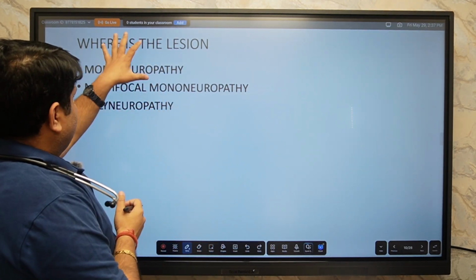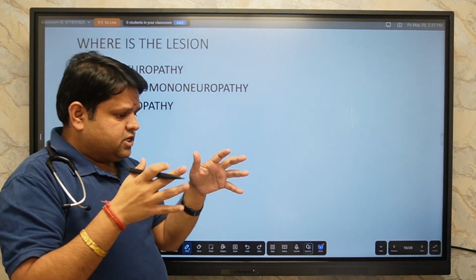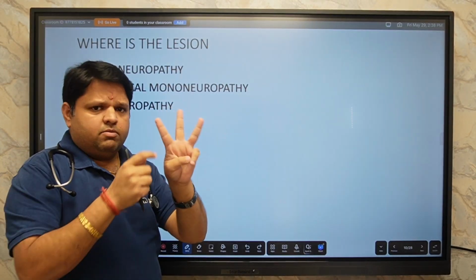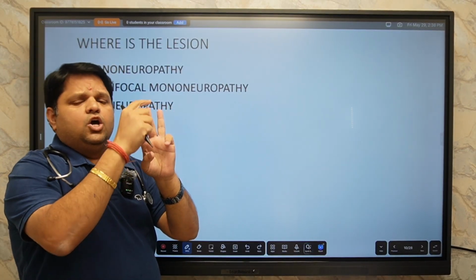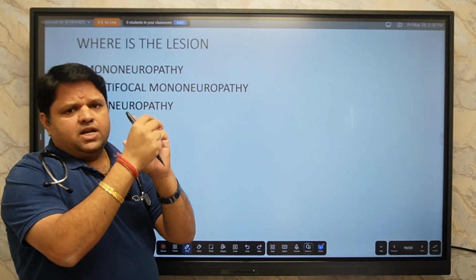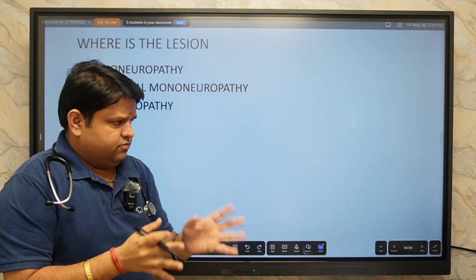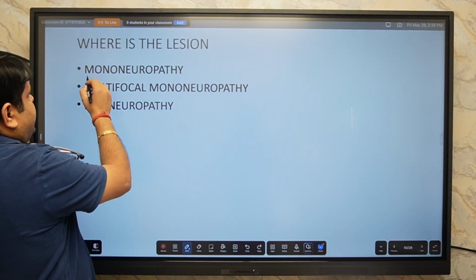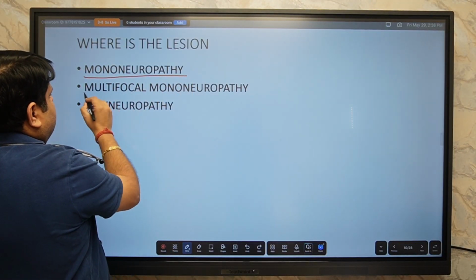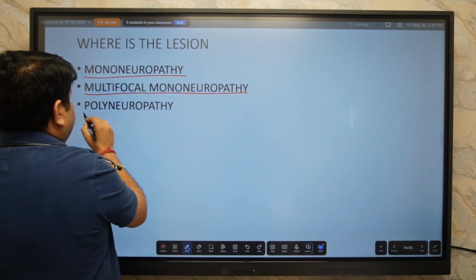Now, as we discuss in other cases, there are 3 questions in our mind: where is the lesion, what is the lesion, and why does this lesion occur. So the first question is always where is the lesion. We discuss the nerves. The lesion site may be a mononeuropathy, multifocal mononeuropathy, or a polyneuropathy.